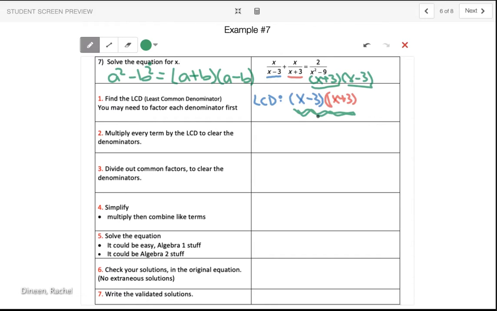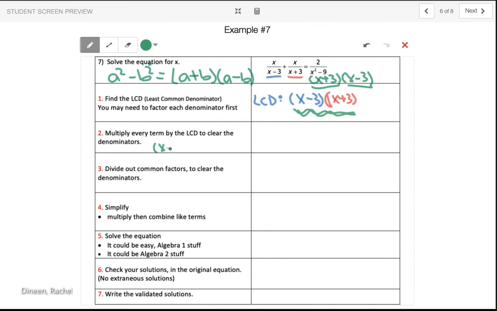All right. So I'm going to start writing over here because this is a lot to write and I'm going to run out of room. So my LCD is going to be in green. So I'm going to multiply every term by the LCD.